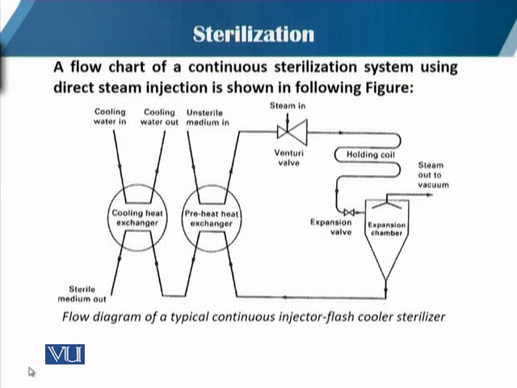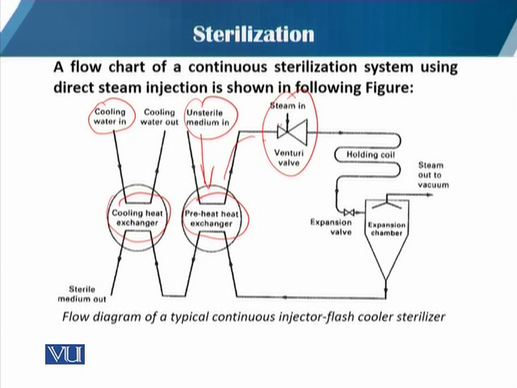In this slide, you can see the whole continuous sterilization system using direct steam injection. This is the cooling heat exchanger and the preheat exchanger. Here are the cooling water out, the unsterilized medium, then the injector, where the steam directly enters, then the holding coil, the expansion valve, and the expansion chamber.